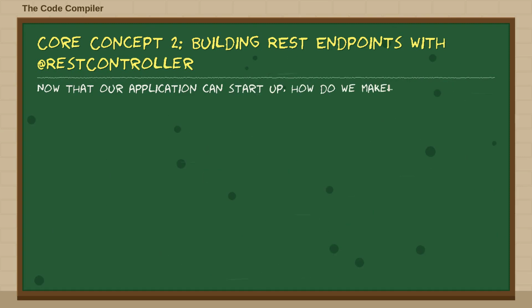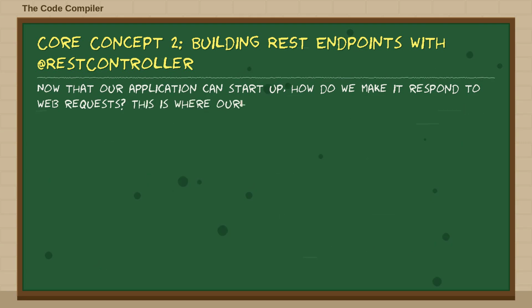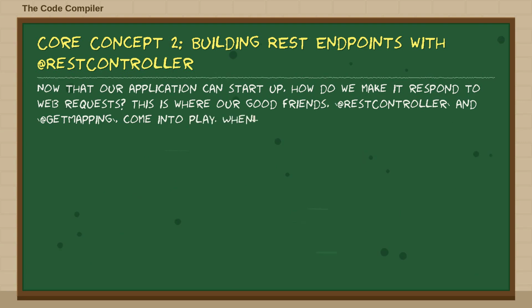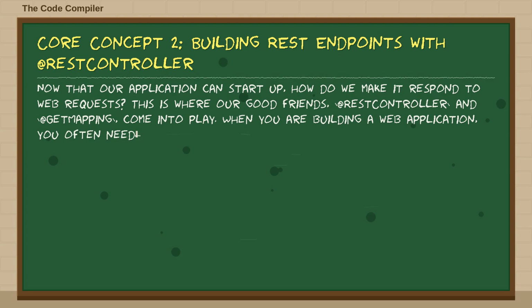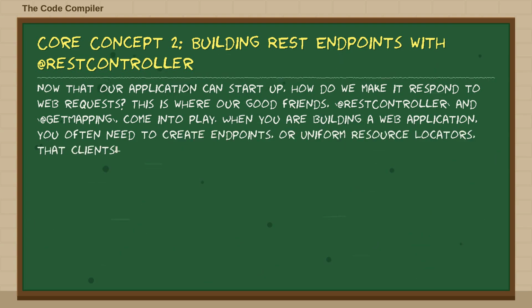This is where our good friends @RestController and @GetMapping come into play. When you are building a web application, you often need to create endpoints or uniform resource locators that clients like web browsers can access.